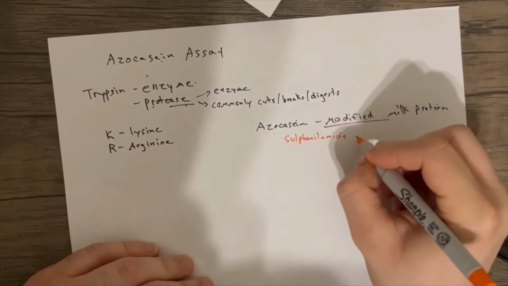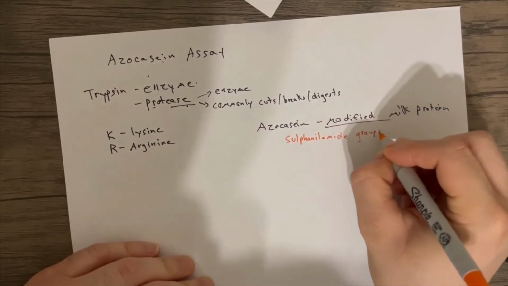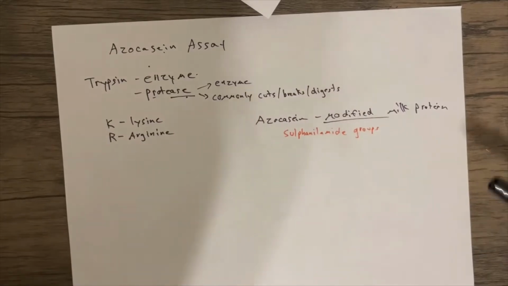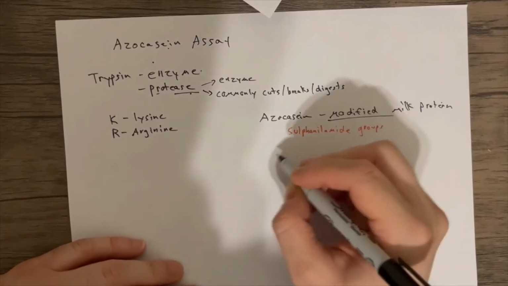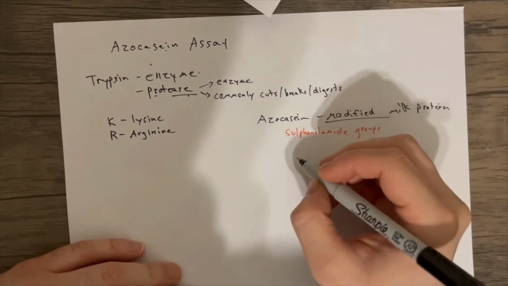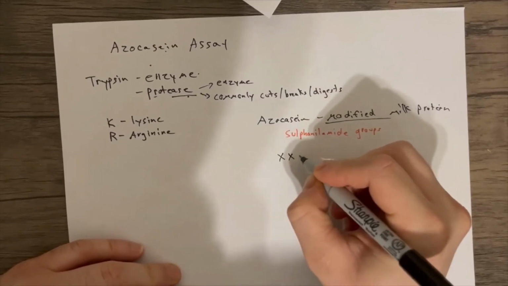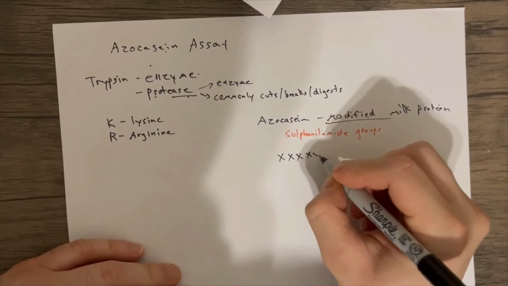groups attached to it. So let's just say I'm looking at, I guess, a primary structure of azocasein. It could just be any amino acids.